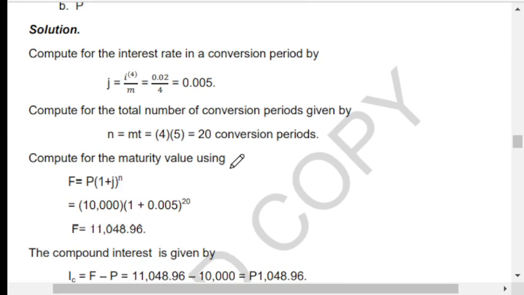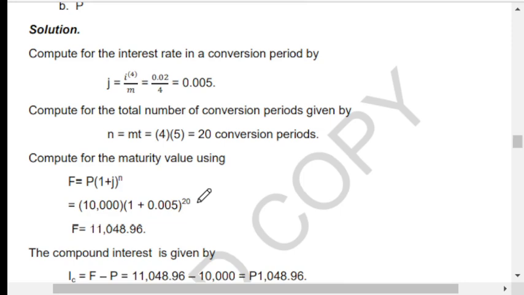So, using the formula, we have 10,000 pesos times 1 plus your j here is 0.005 exponent 20. 20 is the product of 4 times 5. So, computing, we have 10,000 times 1 plus 0.005 exponent 20.